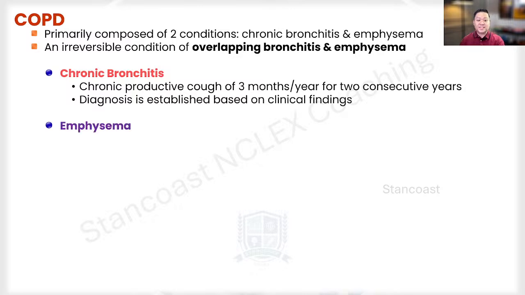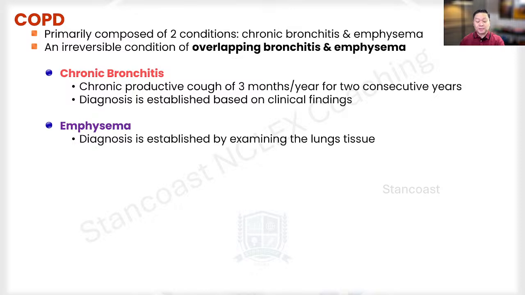Now, emphysema is something that is diagnosed pathologically, meaning that it is identified by examining the lung tissue. And this is going to involve permanent enlargement of the air spaces, which is its hallmark, really, which is the enlargement of the air spaces, the alveoli, beyond the terminal bronchioles.